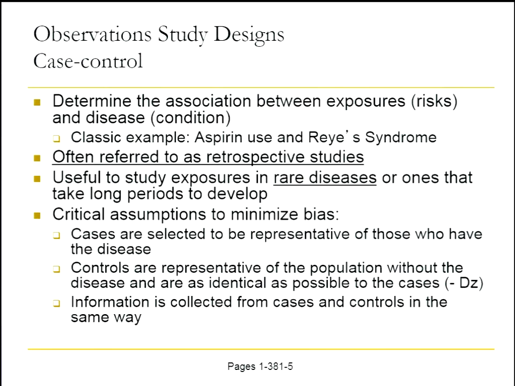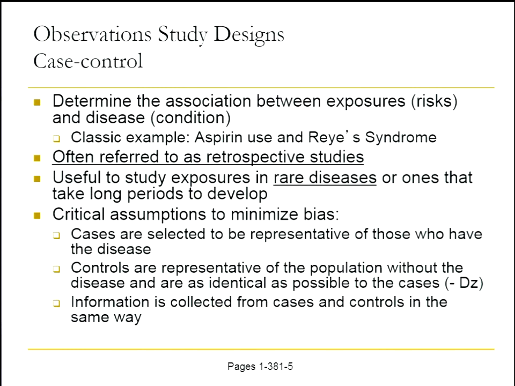So case control studies first. These studies determine the association between exposure and disease. The classic example of this, whether you agree or disagree with the findings of this study, and for some of you it's way in your past, is the association between aspirin use and Reye's syndrome in kids.